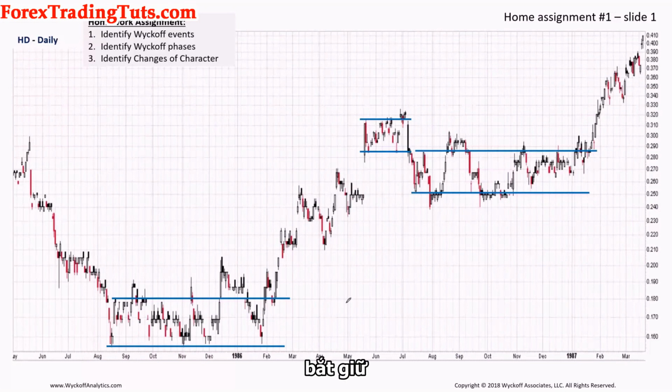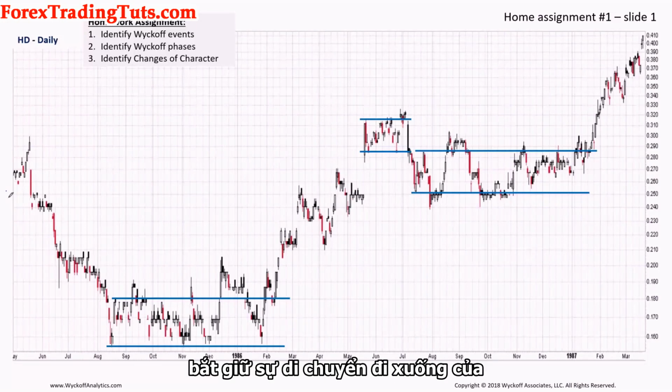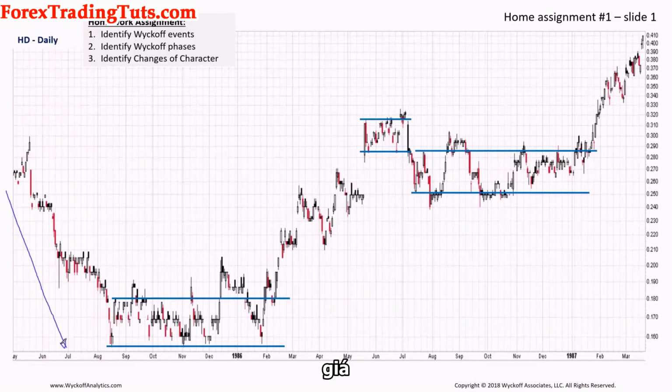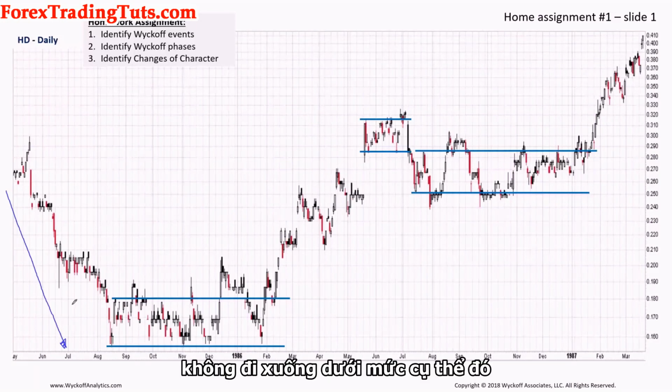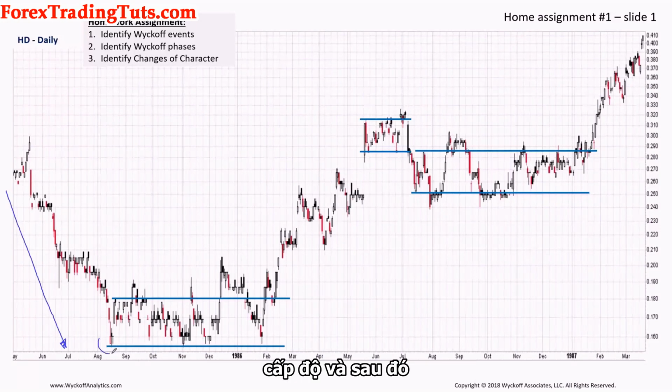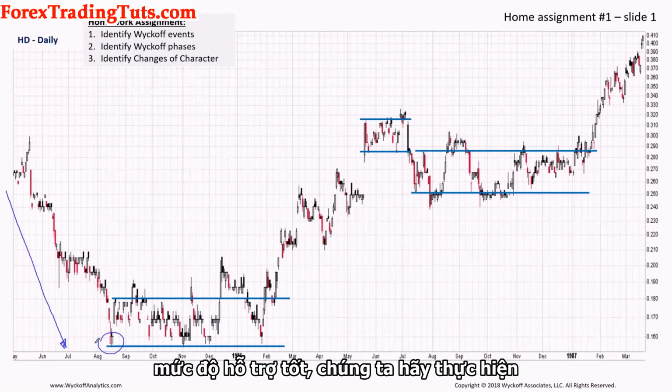The arrest of the descent of the price downwards, the arrest of the downward movement of the price. Okay, so what about it? And the price failing to go below that particular level and rising from that level onwards, defining the level of support.